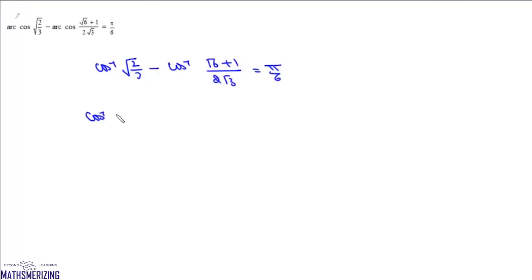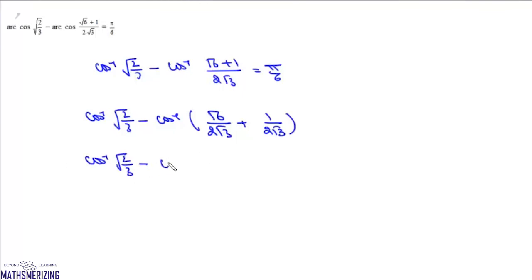Now what we'll do is, we'll write this as cos inverse root 2 by 3 and then minus cos inverse, and then we can write this as under root 6 upon 2 root 3 plus 1 upon 2 root 3, which we can also write as cos inverse root 2 by 3 minus cos inverse, and here we can rewrite this as root 3 by 2 into root 2 by 3 and then plus 1 by 2 into under root of 1 minus (root 2 by 3) whole square.